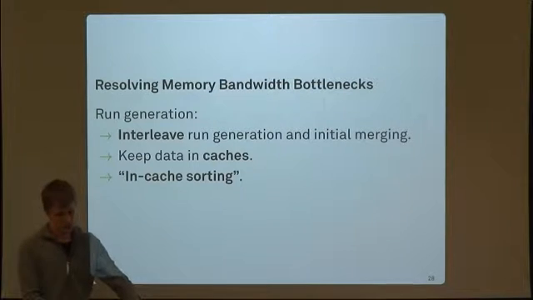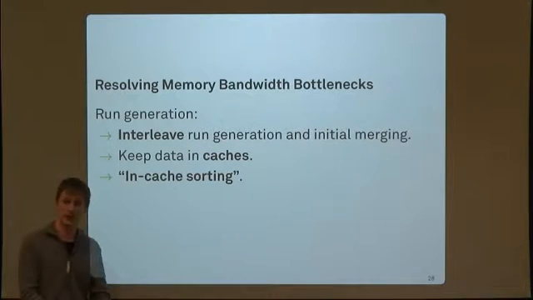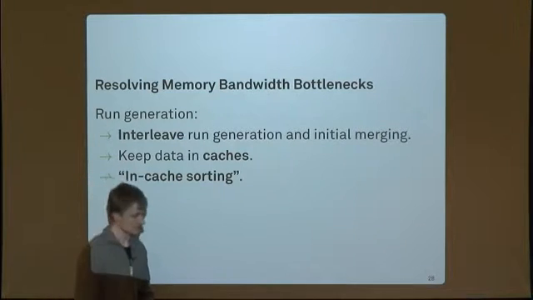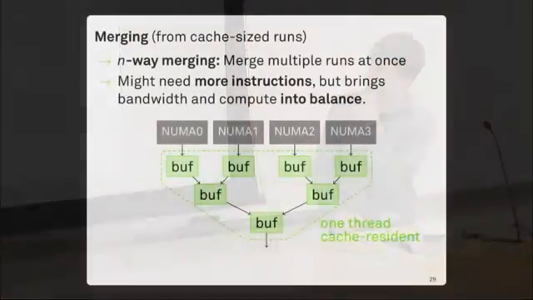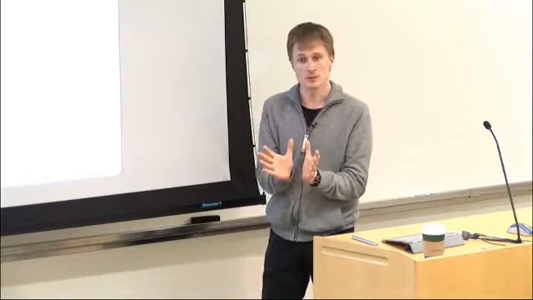So you can do chunks of up to the size of your cache. You can sort them really in cache, and then memory bandwidth is not an issue as long as you're in cache. But for continuous merging, when you want to have your entire thing sorted, you don't get around doing something about the high bandwidth need of merging.